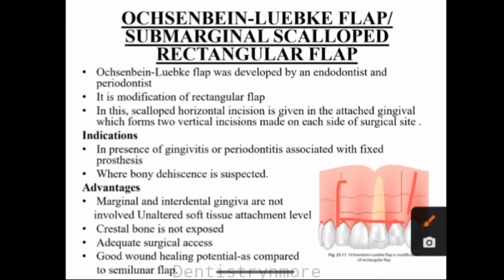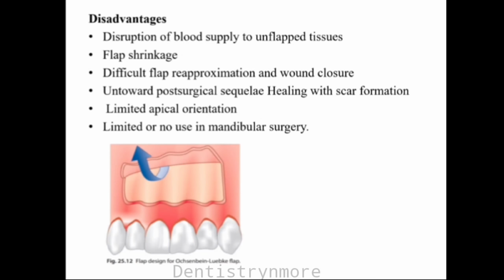Indication is given in case of gingivitis or periodontitis, and advantages include the marginal and interdental gingiva are not involved, crestal bone is not exposed if there is adequate surgical access, and good wound healing. Disadvantages are also there: flap shrinkage, difficult flap reapproximation and wound closure, limited apical orientation, and limited or no use in mandibular surgery.